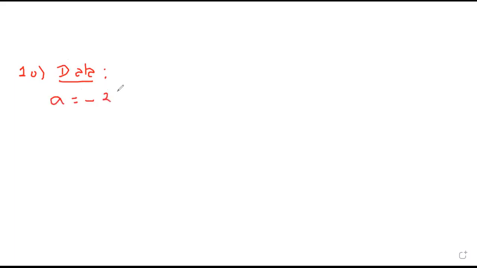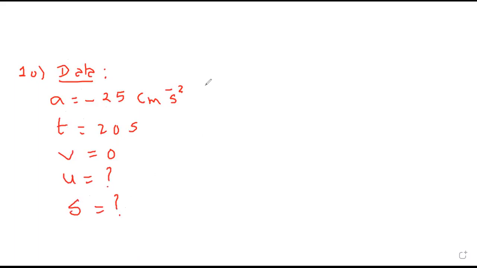Negative acceleration. So brakes are applied, acceleration is minus 25 centimeter per second square. Bus takes 20 seconds, so time is 20 seconds. To stop means V is 0. Calculate initial velocity means U. Distance traveled means S.